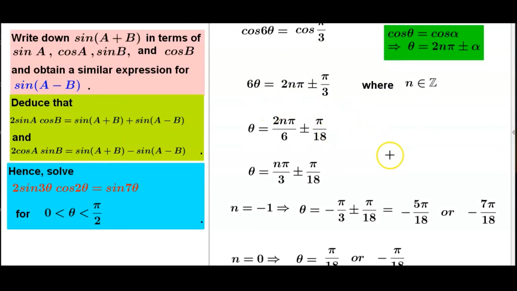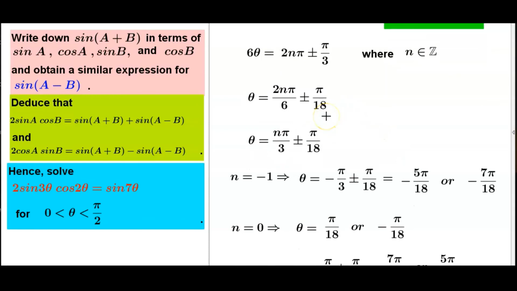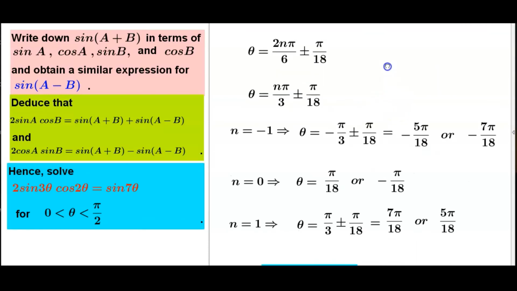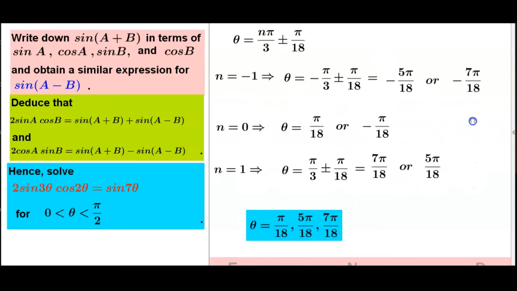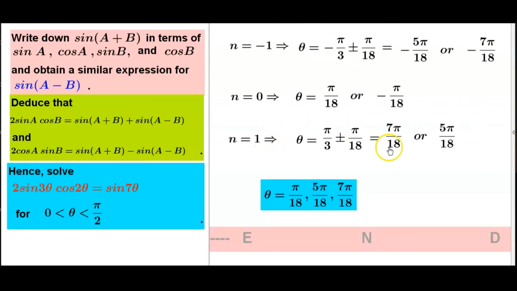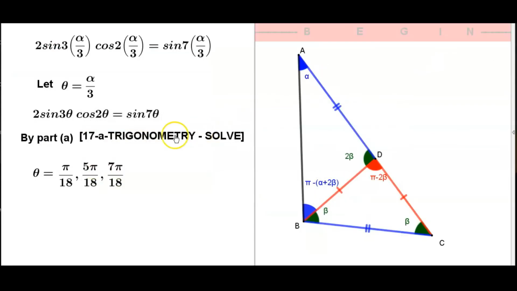Then we find values by putting numbers for n: n equal to minus 1, n equal to 0, n equal to 1. The solutions between 0 and pi by 2 are pi over 18, 5 pi over 18 and 7 pi over 18. This is what we did here using the previous part.